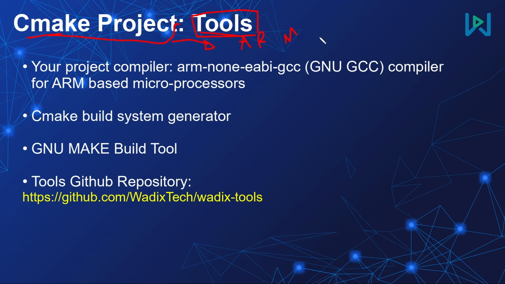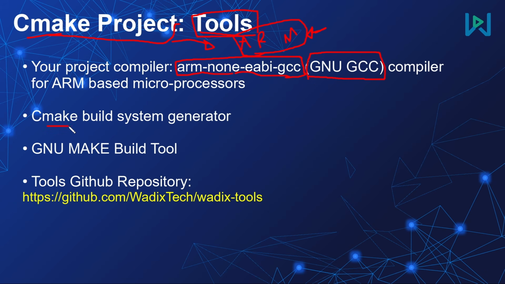Means the output binary should work and run in an ARM processor. Therefore, we'll need first of all a toolchain that allows compiling the different sources and generating a set of objects and the final binary that will be executed by the ARM processor. For that, we're going to use the ARM GNU GCC version.